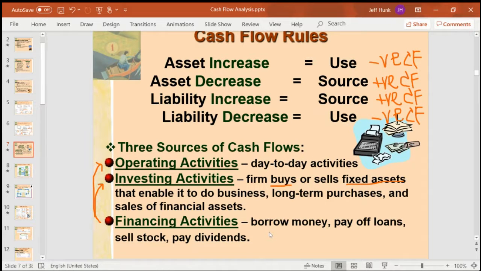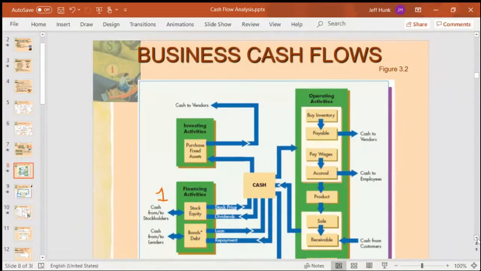If you borrow money and sell stocks, there is an inflow of cash.